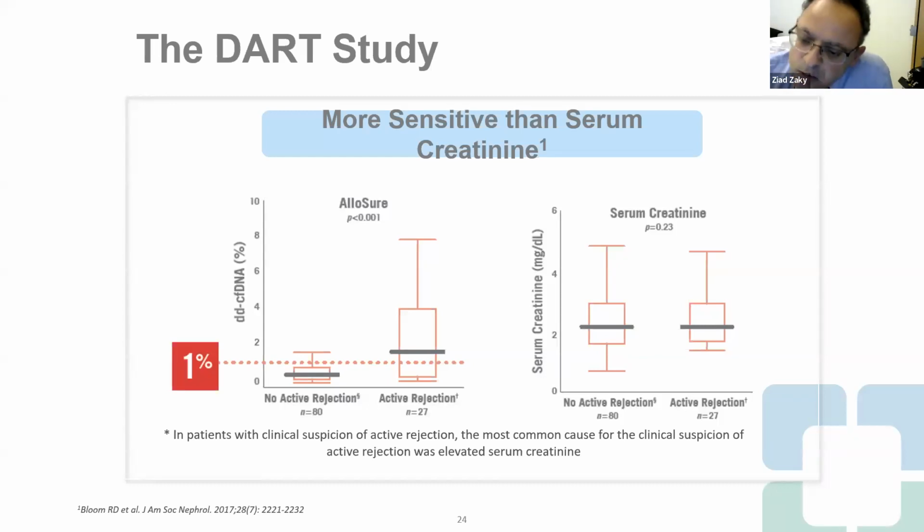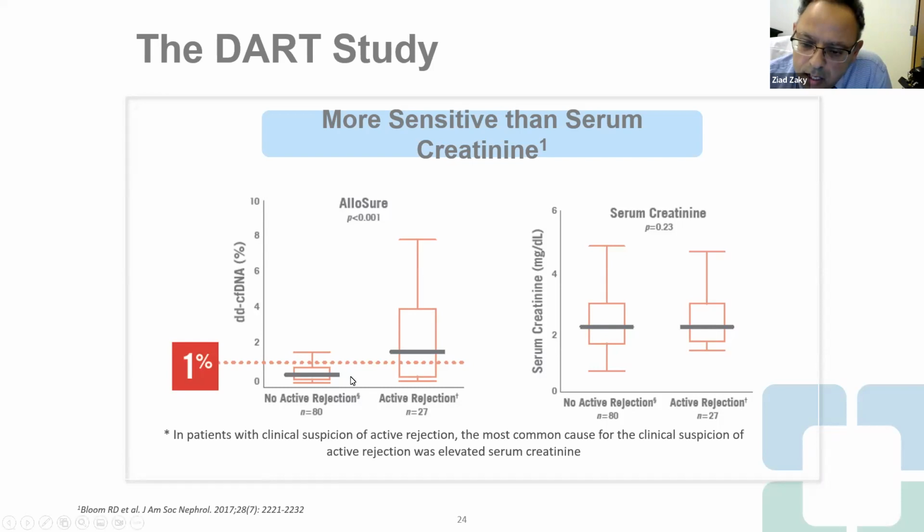And the cell-free DNA was even more sensitive than serum creatinine in this cohort. If you look on the right side, the serum creatinine between the active rejection and the patients with no active rejection was about the same, maybe around the 2 level.